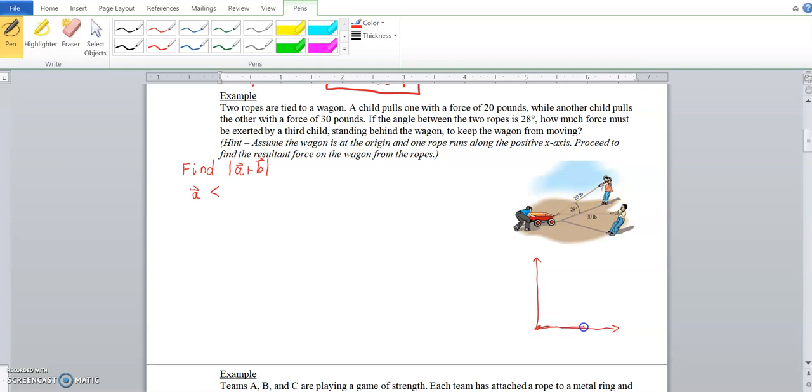I'm going to darken that in a little bit. We'll call the 30 vector, vector A, exactly on the x-axis. That then allows us to draw vector B at 28 degrees from the origin.